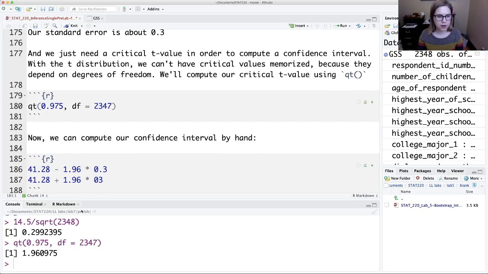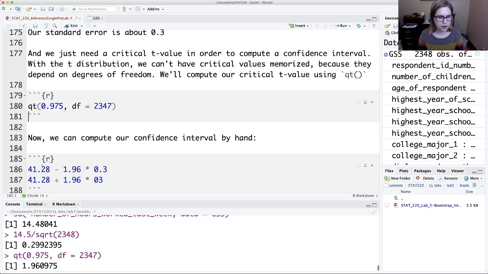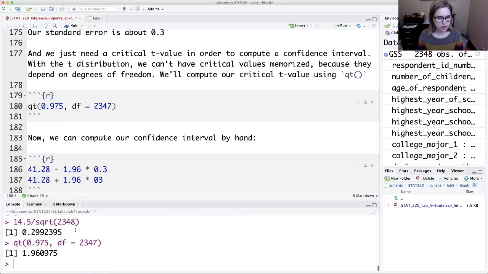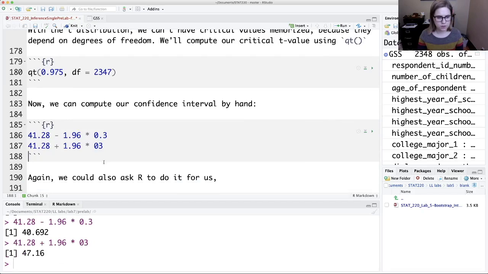And then we could compute our confidence interval by hand. So we've got our 41.28, 1.96, and our basically 0.3. And we could find our confidence interval.